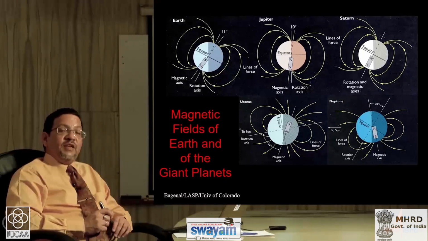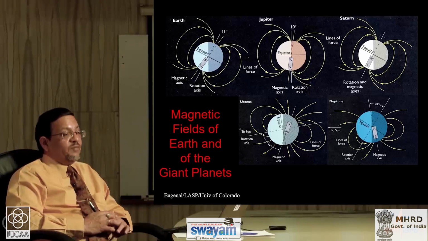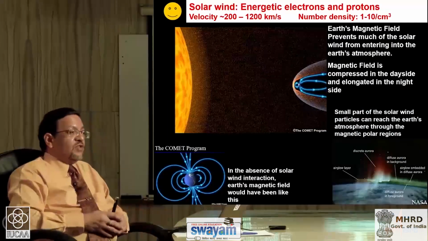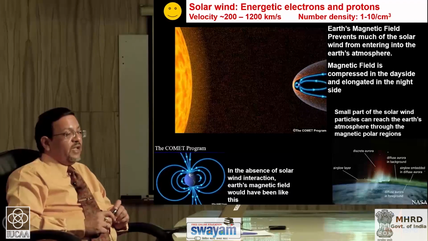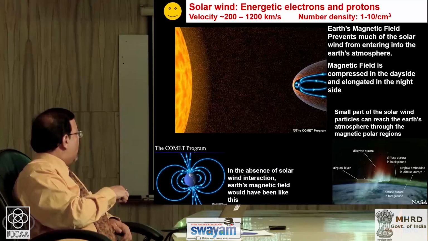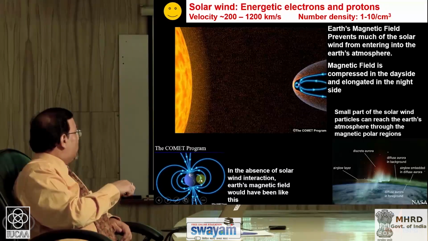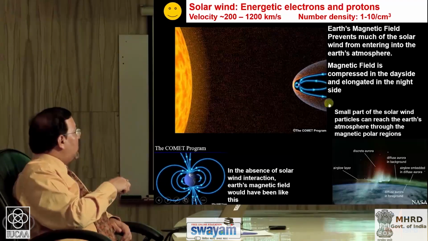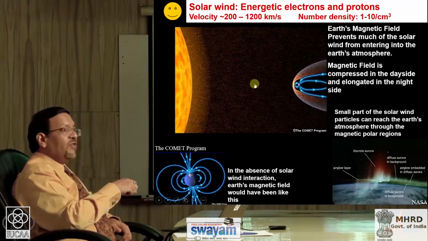Now, once the planet has a magnetic field and an atmosphere, it will have a huge magnetosphere which looks something like this, where a normal magnetic configuration which you see over here is converted into this kind of configuration because of the plasma coming from the sun, which is called the solar wind.